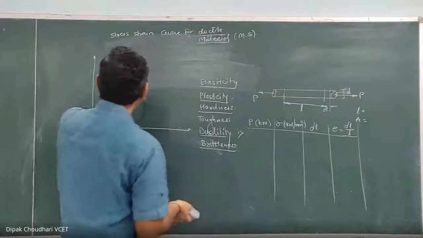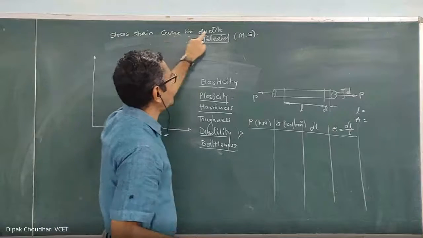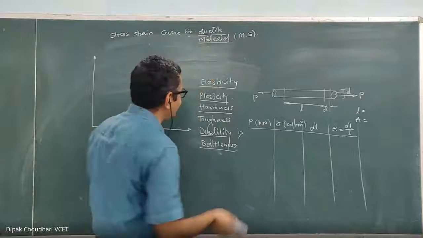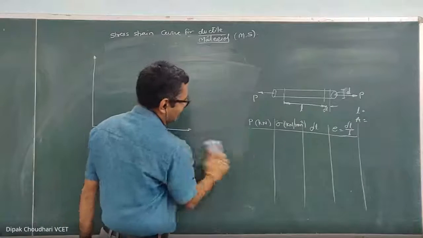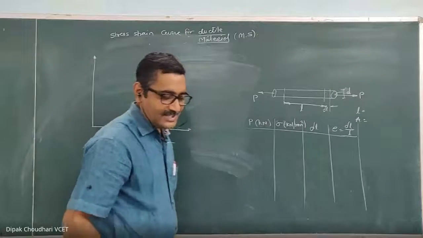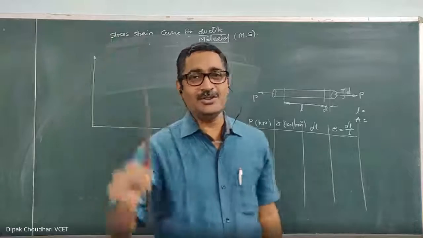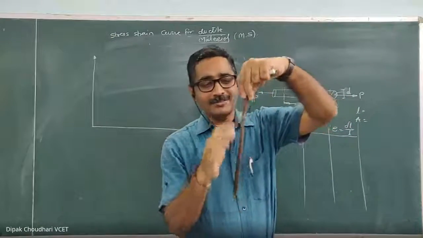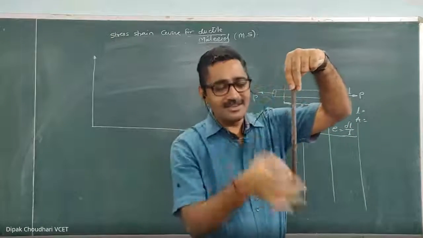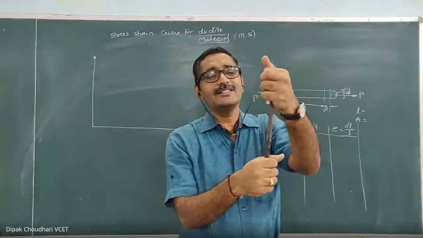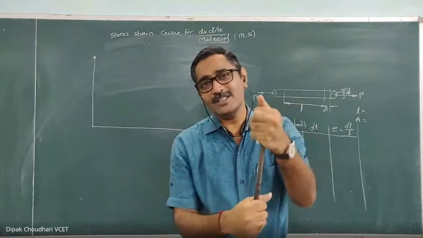Now come back to the stress strain curve for the ductile material. The example is mild steel, though you can test any other material also. Consider this mild steel. I have fixed it in the universal testing machine and measured the original area and the gauge length, and now I am applying a gradual tensile load on this material.